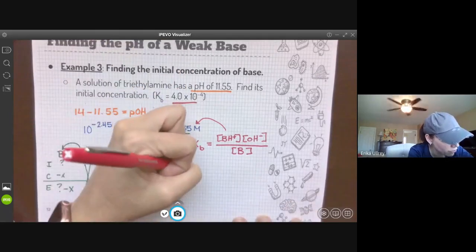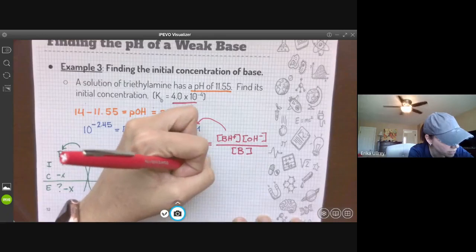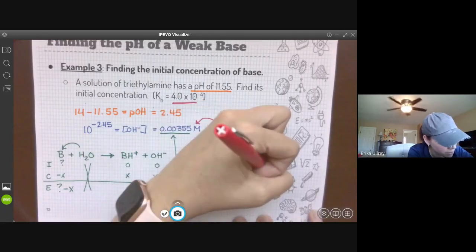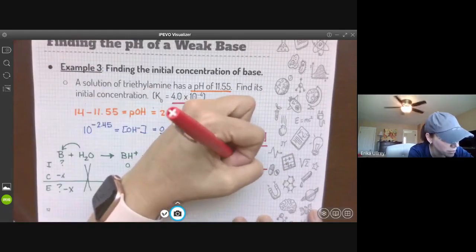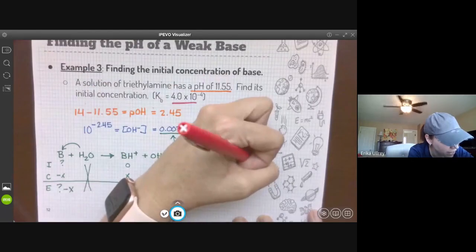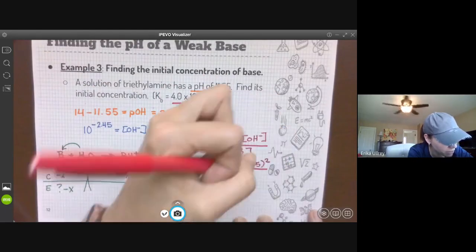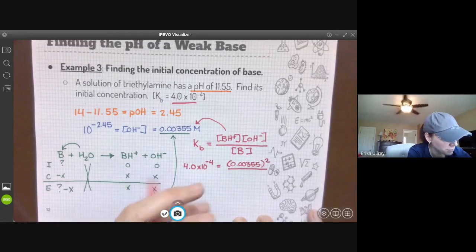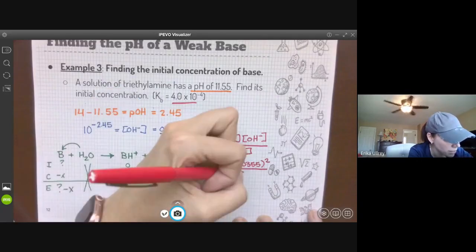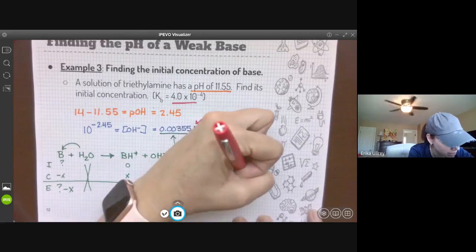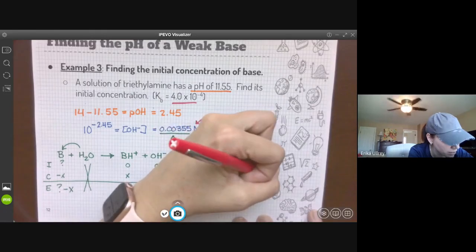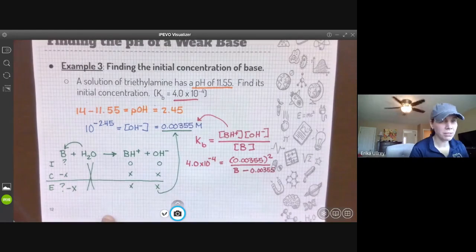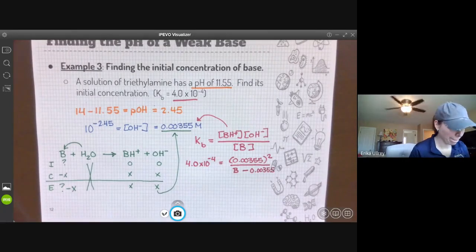So what we would do is 4.0 times 10 to the negative 4 is equal to, since these values are both the same, 0.00355 squared. And then on the bottom is going to be some value, the concentration of base, minus this value here. Okay, so what that means is we're going to have to do some algebra. We start off by cross multiplying.